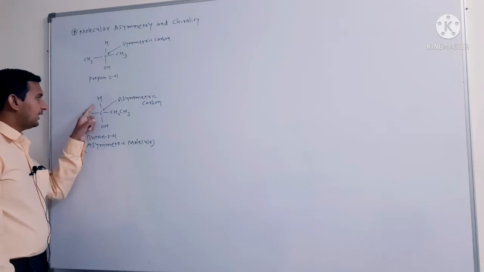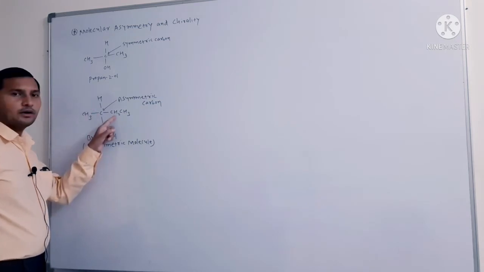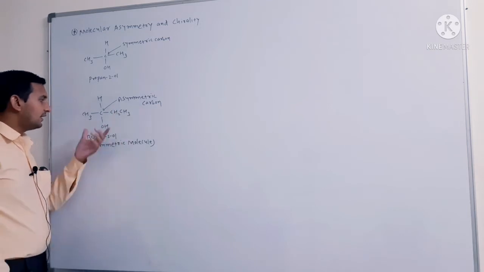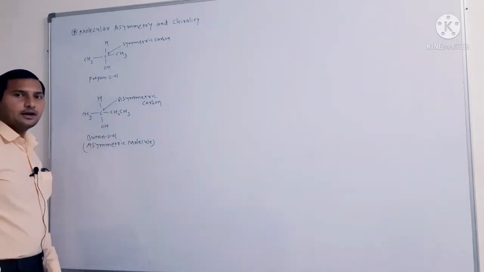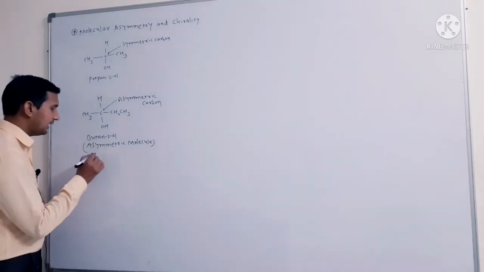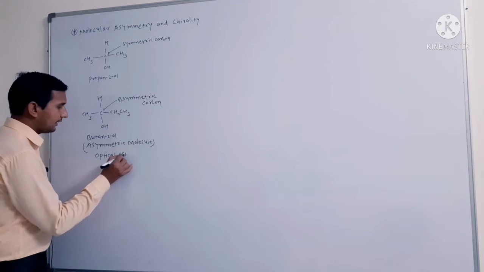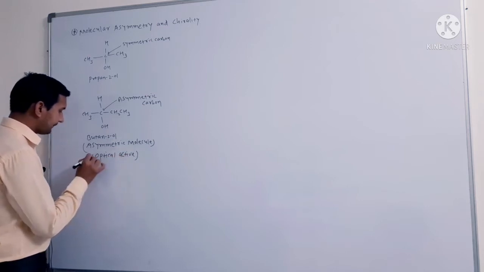In an asymmetric molecule, a carbon attached to four different types of groups or atoms is an asymmetric carbon, and this type of compound is generally optically active.